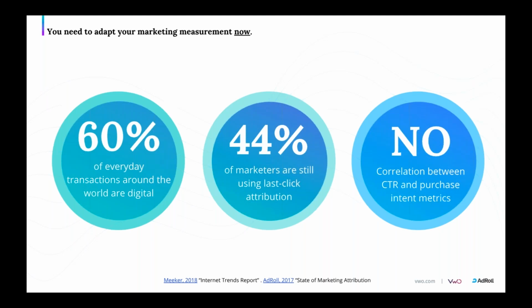So there is definitely a disconnect here, with the majority of everyday transactions happening online, but nearly 50% of people still looking at it from only a one-channel, one-click perspective. There definitely needs to be a better way to take all of those different touch points into account and understand where your marketing dollars are going and which platforms they're supporting.